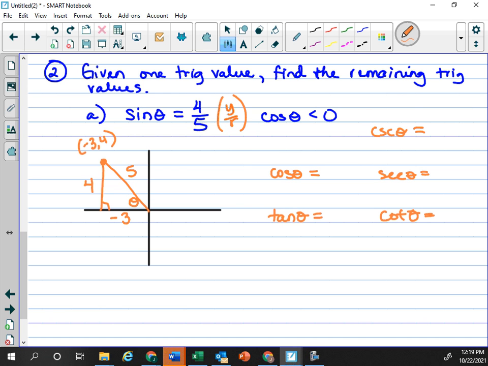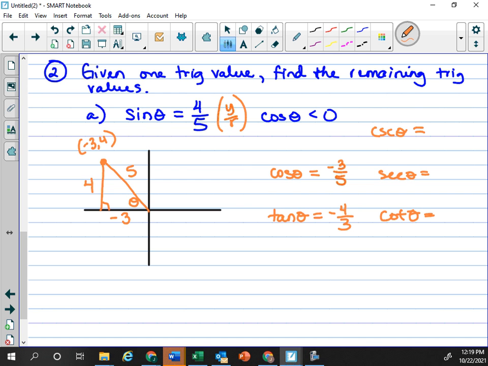So what is the cosine of theta? Negative 3 over 5. Good. What about tangent? Palmer? Good. Negative 4 over 3. If you wrote 4 over negative 3, that's the same thing, guys. It doesn't matter. Okay.